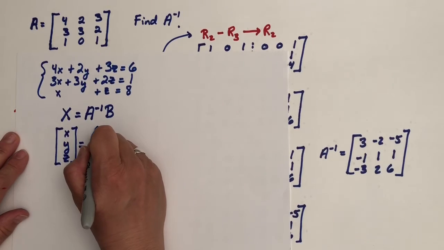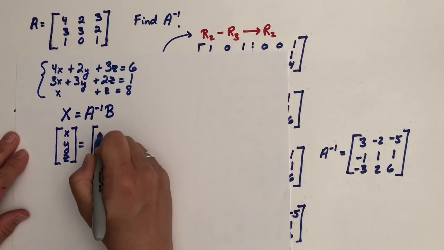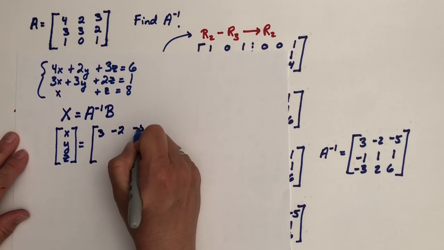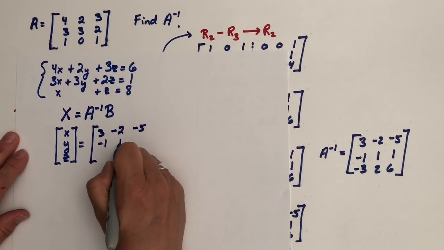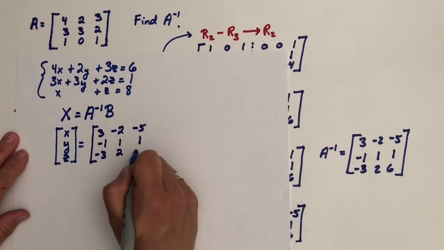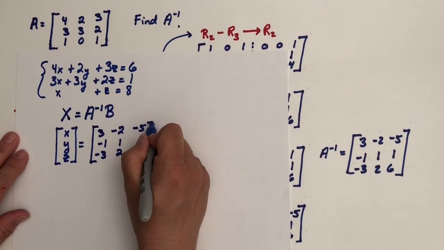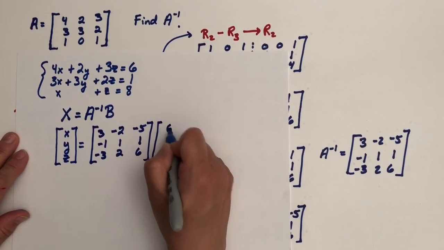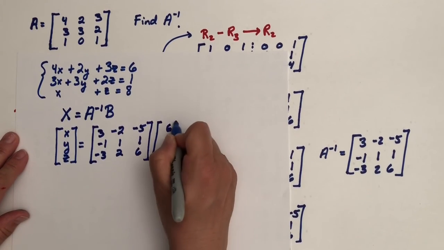Let's write it down. 3, negative 2, negative 5, negative 1, 1, 1, negative 3, 2, 6, times the matrix that is 6, 1, 8.